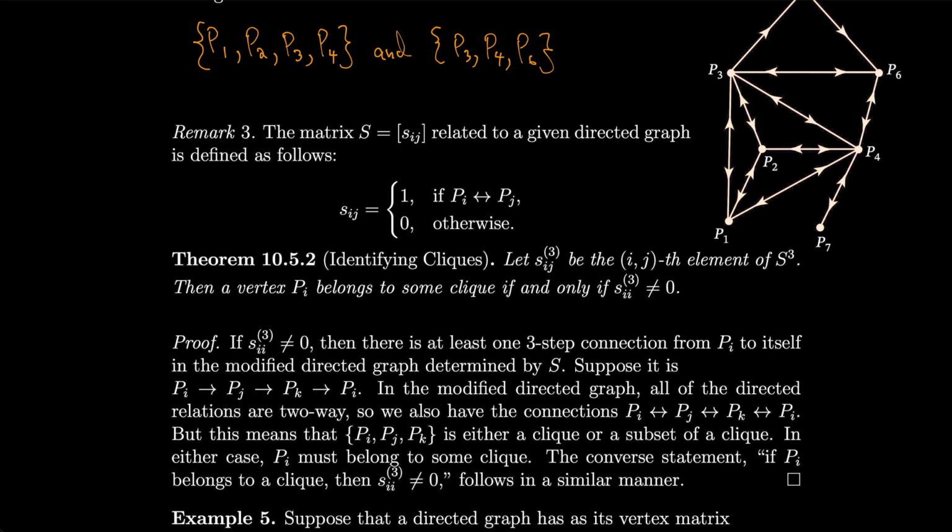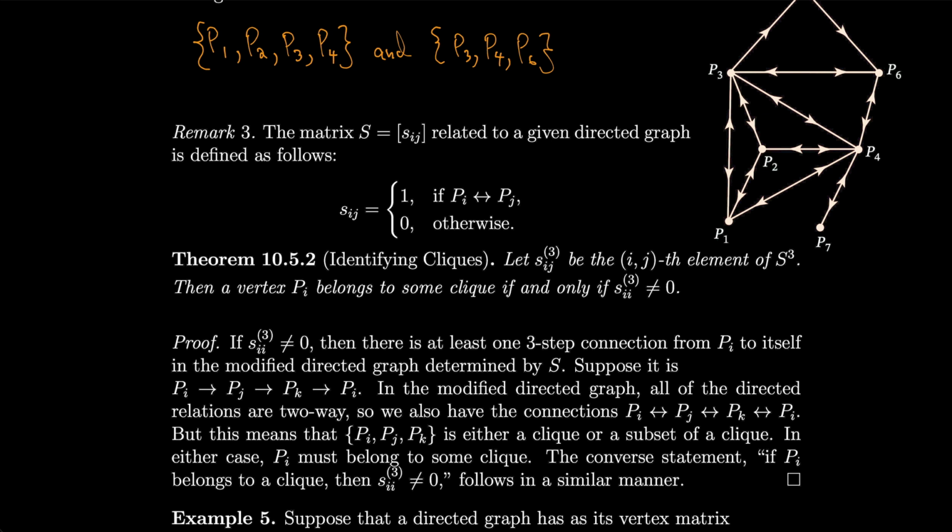So let's prove that real quick. If S_ii^(3) is not equal to 0, then there is at least one 3-step connection from Pi to itself in the modified directed graph determined by S. Let's suppose that it is Pi goes to Pj, goes to Pk, goes back to Pi. In the modified directed graph, all of the directed relations are two-way.